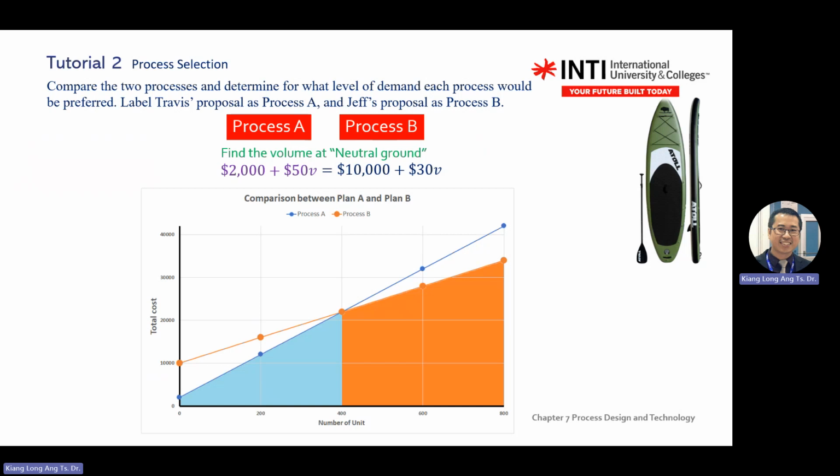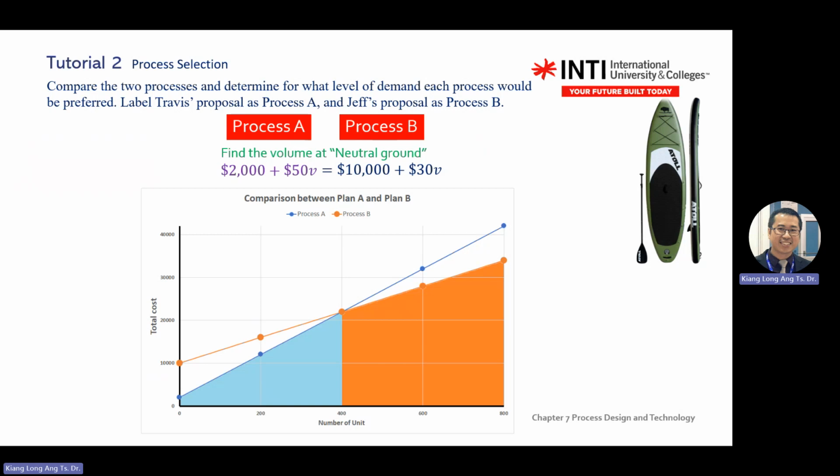Y equals mx plus c, where y is cost and x is your V. This is your c, and this is mx. So you can plot the points. Let's say 200, 400, 600, 800. Then you substitute the values and you get the points.